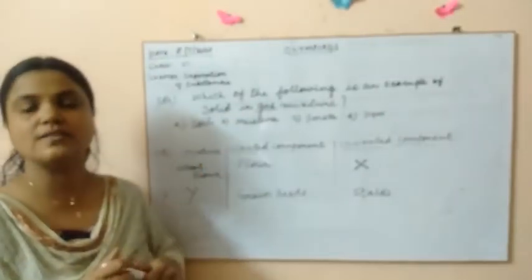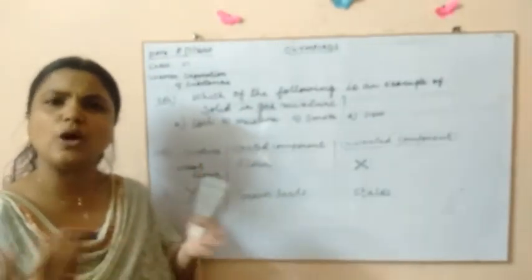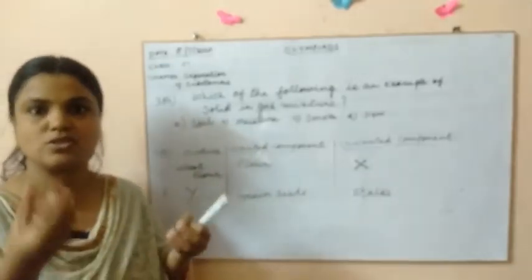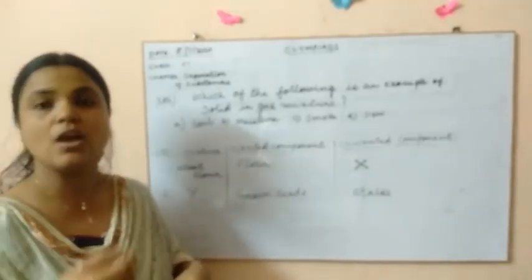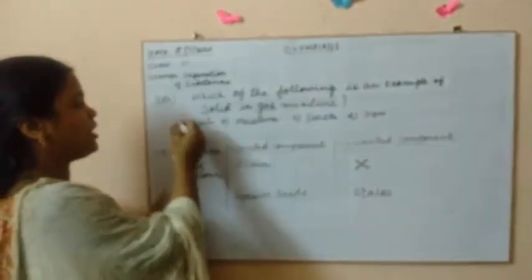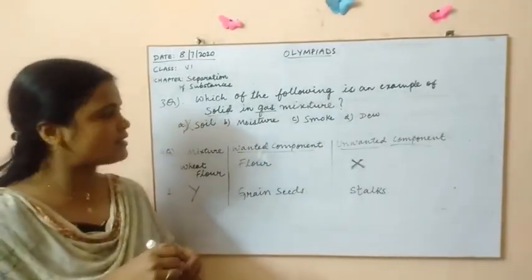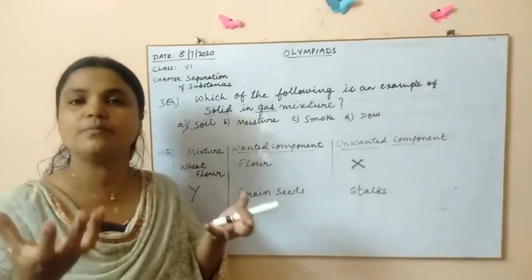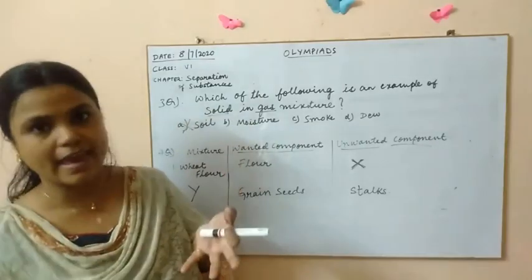So soil, if you consider soil, basically it is a solid mixture only. We have so many sand particles, stone particles, different minerals. All these are basically solid mixtures. So option A is wrong. Let us consider option B, moisture. What is moisture? It is nothing but the presence of water in air, isn't it?